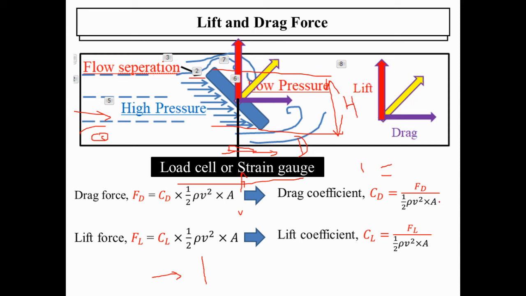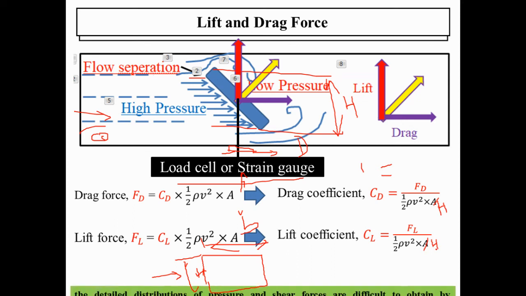This is going to be the projected area in this case. But we shall also have it in terms of two dimensional. So you have a plate, and you have the third dimension, I call this the breadth, and this is going to be your height. So the total area can be h times b.